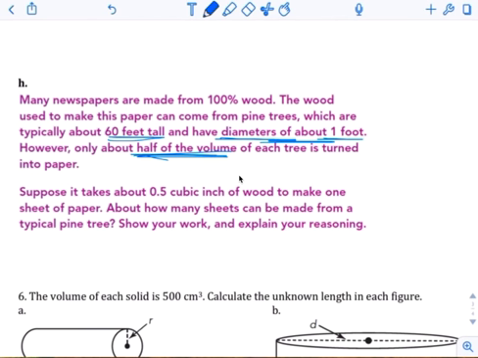Suppose it takes about 0.5 cubic inches of wood to make 1 sheet of paper. About how many sheets can be made from a typical pine tree? Show your work, explain your reasoning.